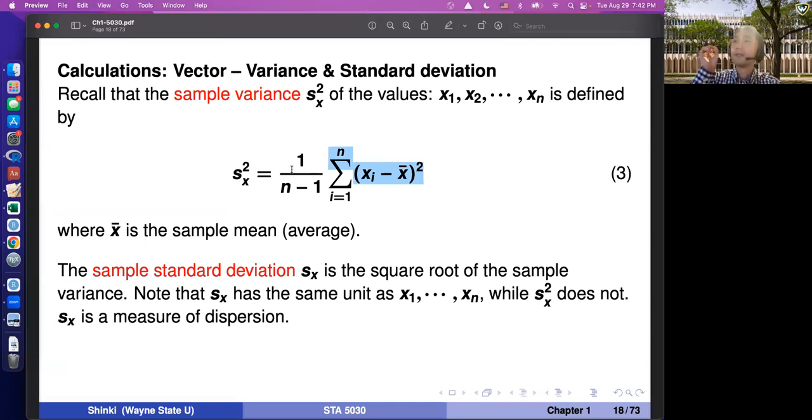But with one observation, we should get the answer that we cannot evaluate the variability. So getting 0 underestimates the situation, and that's why we have to use something different from n. That is one reason that we have n minus 1 here.